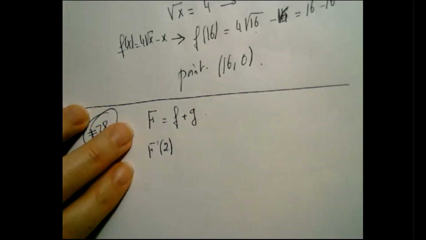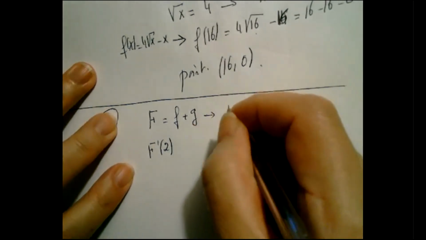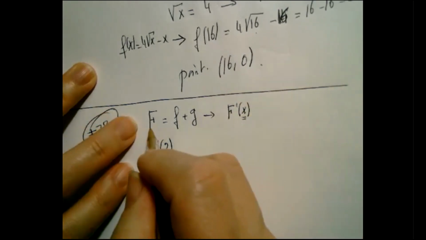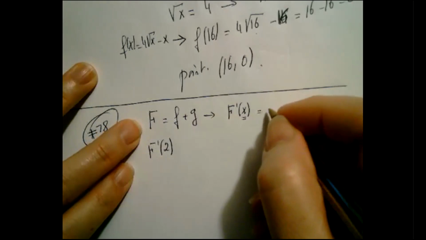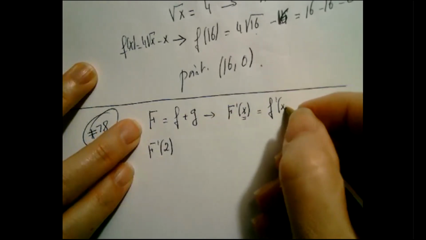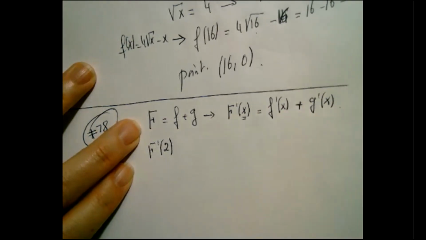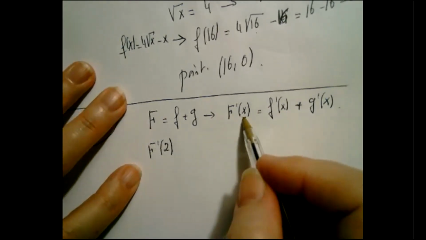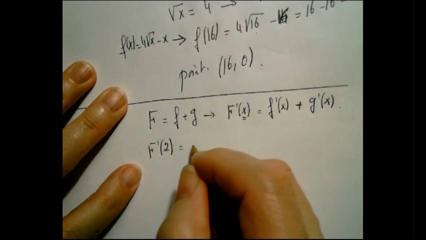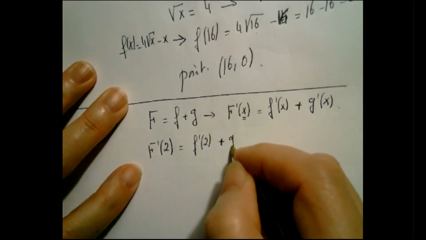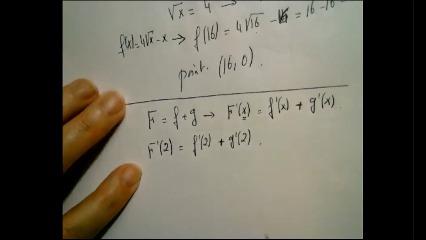Okay, so that's a new function. So first, what is f prime at x? Since this is the sum, for any x, so that's a totally new function, it's the derivative of f at x plus the derivative of g at x. That's the rule. So if I want it at 2, I need the derivative of f at 2, and I should add to it the derivative of g at 2.